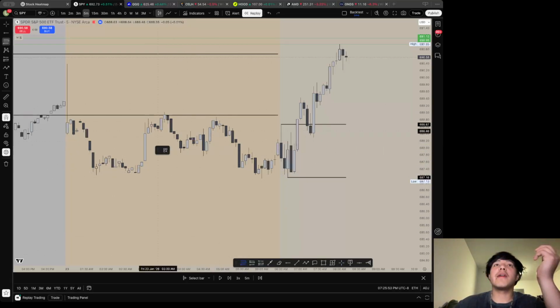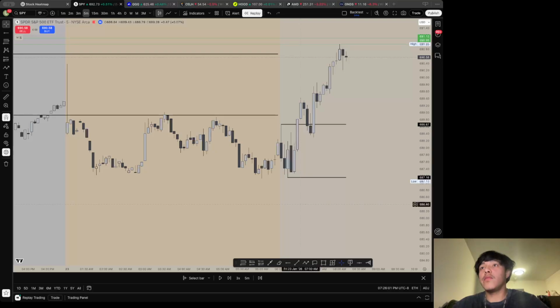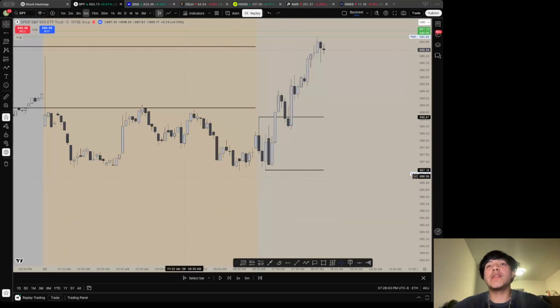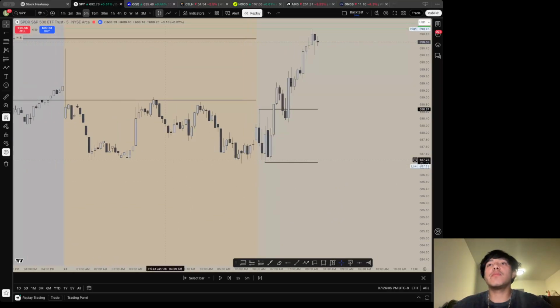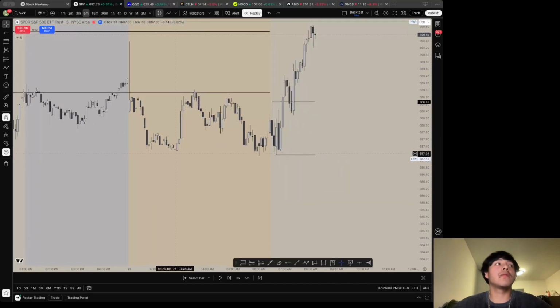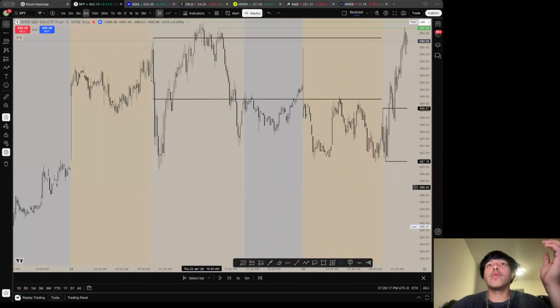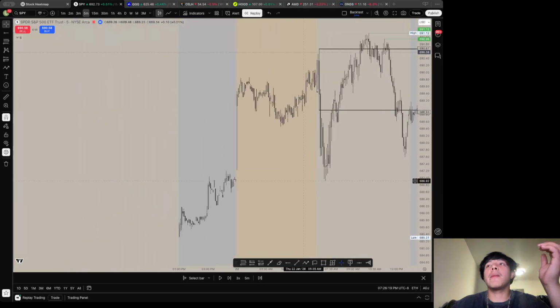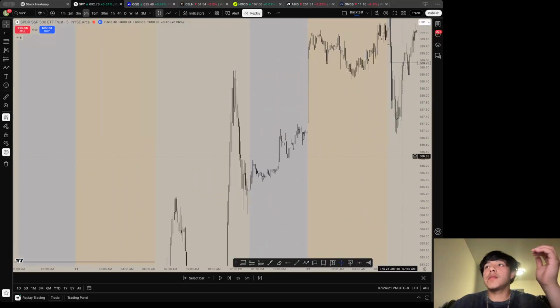I would use pre-market if we made a huge move down overnight, and then in pre-market we continued that move down. Well, obviously price isn't always going to go down. It's going to make some sort of retracement. So that's where I would use the fib and determine where price is going to come back to.